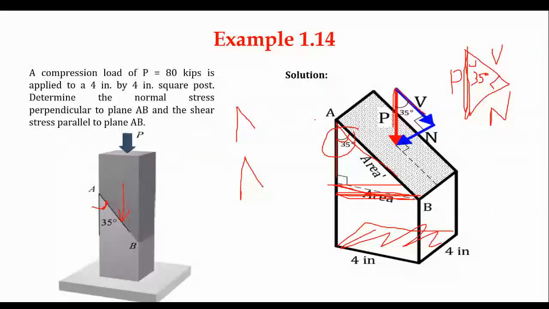And for the shearing stress, ang shearing stress, shear at AB divided by area at AB. So, shear at AB over area prime equal to 65.532 divided by 27.895. Ang makuha nato, 2.349 KSI.